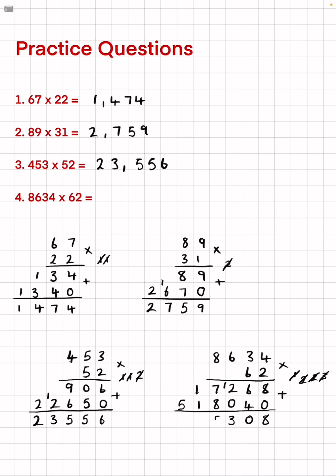We put the 5 down, carry the 1. 1 add 1 is 2. Add 1 is 3. 5 add 0 is 5. So the answer is 535,308.